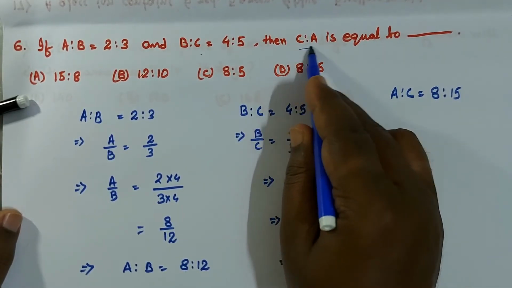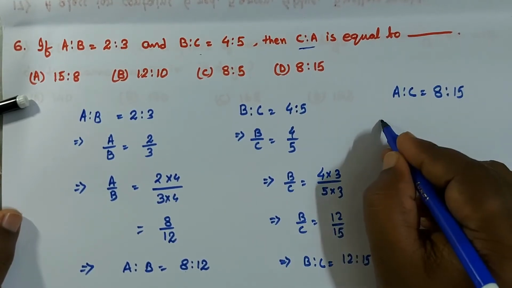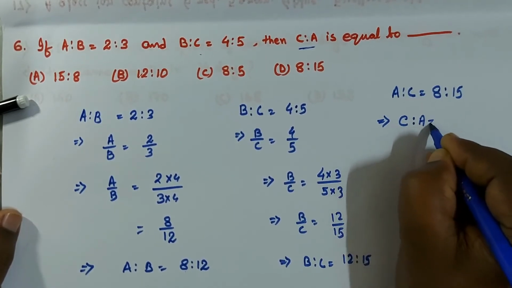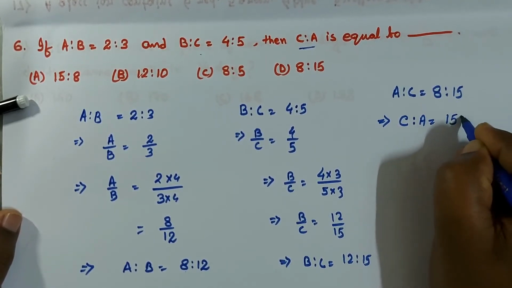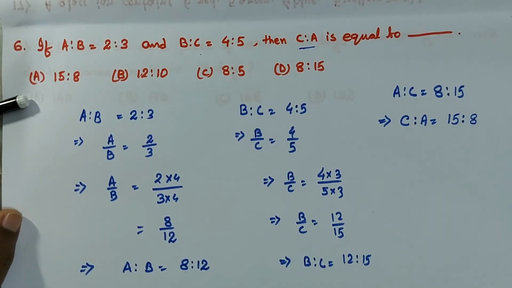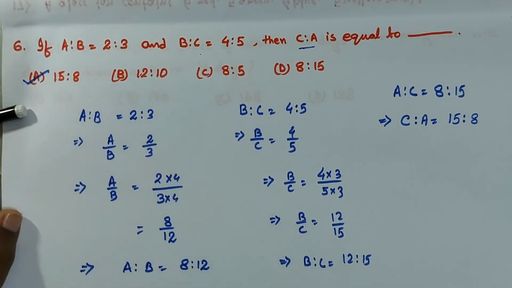But we want C is to A. So C is to A is the inverse proportion of A is to C, that is the opposite. So C is to A will be 15 is to 8. So option A will be our correct answer.